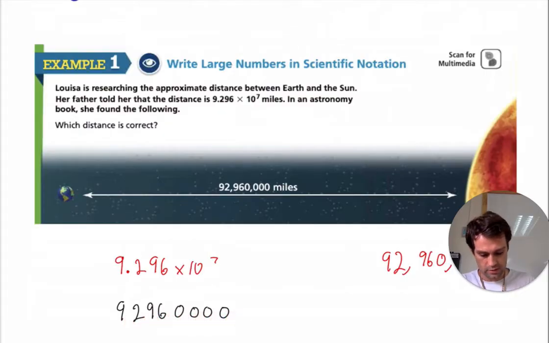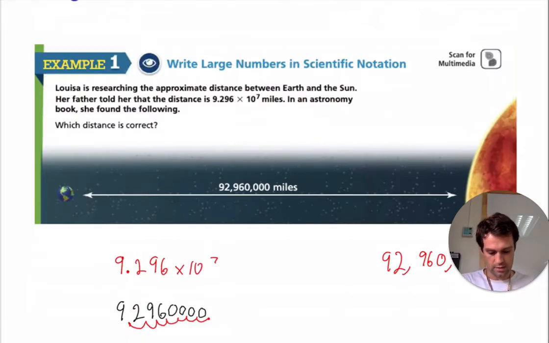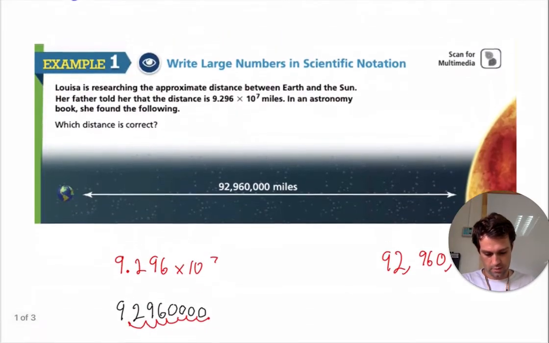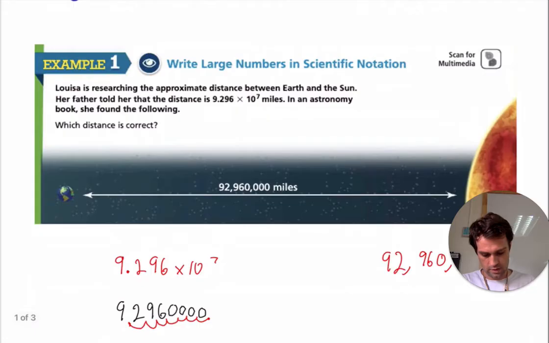Some people would do it this way. They would count 1, 2, 3, 4, 5, 6, 7. That works, but be careful because then you want to make sure you're filling the zeros inside here. And I've got a shaky hand. All right? And then we add our commas.